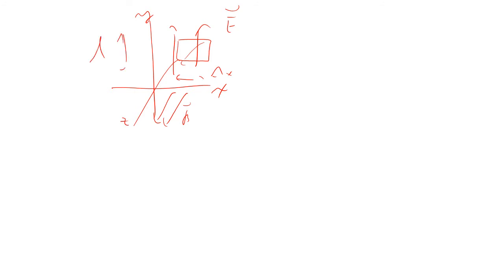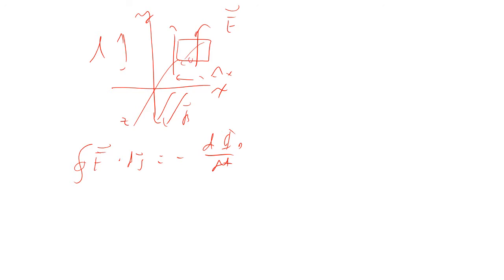And so the integral of E dot ds is minus the rate of change of the magnetic flux. The integral of E dot ds is basically 0 across the top and the bottom.